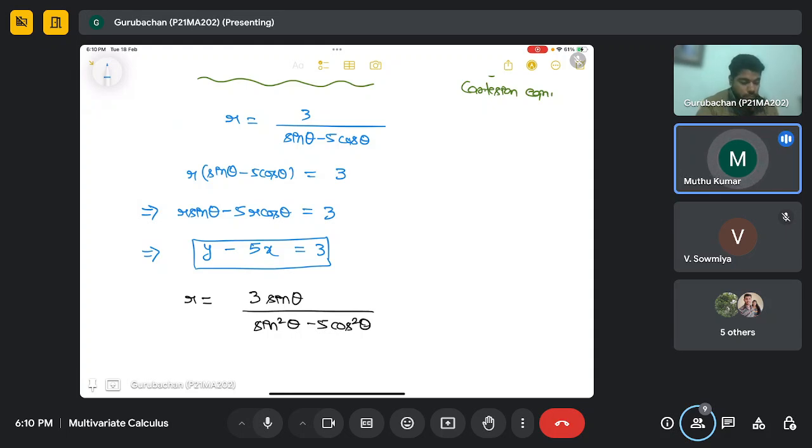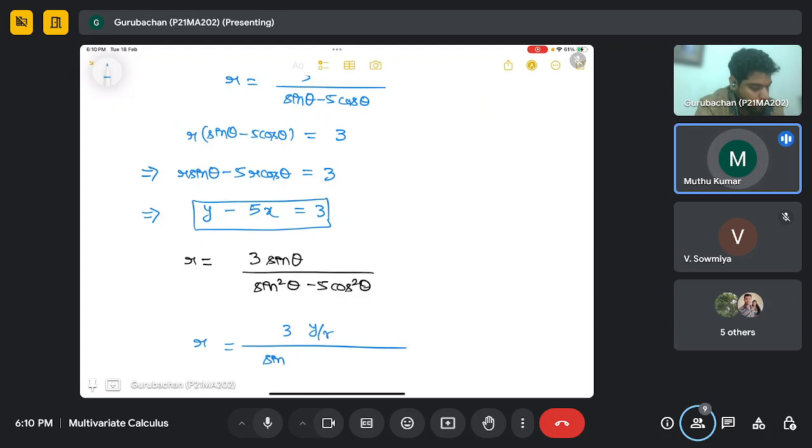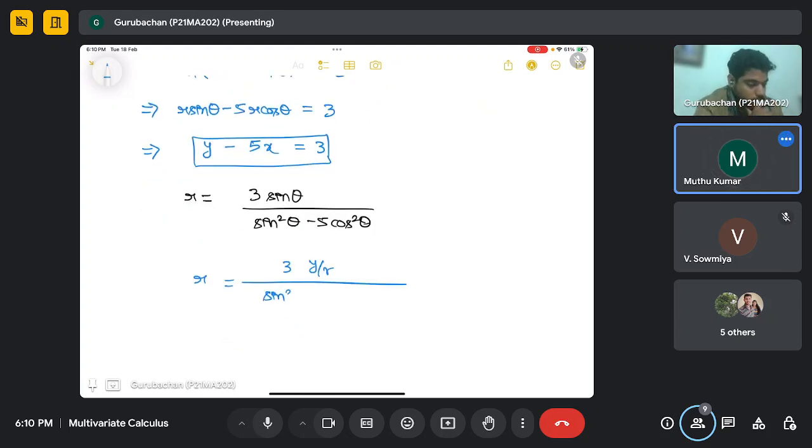Sine theta y by r, sine theta y by r for the numerator. Replace sin theta by y by r in the numerator. Okay. Then cross multiply that r. So that will become r squared on the left hand side. So cross multiply and use r sin theta y, r cos theta x. Okay. Understood. Fine. So anybody else?